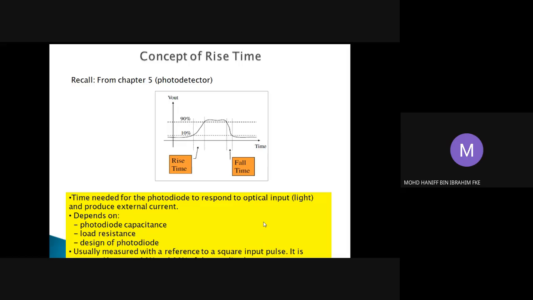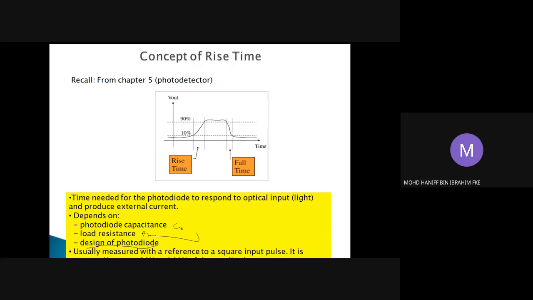The rise time depends on the photodiode capacitance, which is the CD, the load resistance, which is the RL, and the design of the photodiode, whether it's a PIN or APD design.